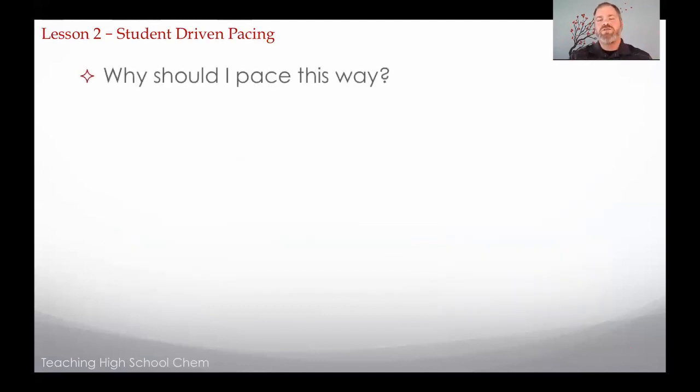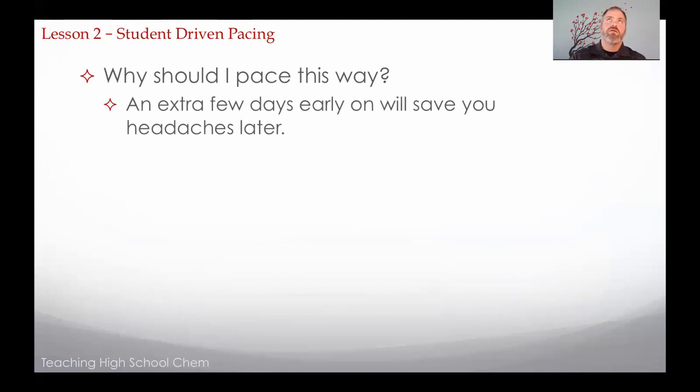So why should you do this? I'm a firm believer that if you take an extra few days early on to assess where they're at, take the time to assess where they are, and slow down, go over it again. I think binary ionics should usually take about a period and a half, maybe 2.